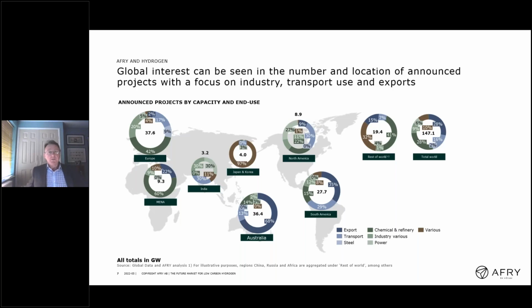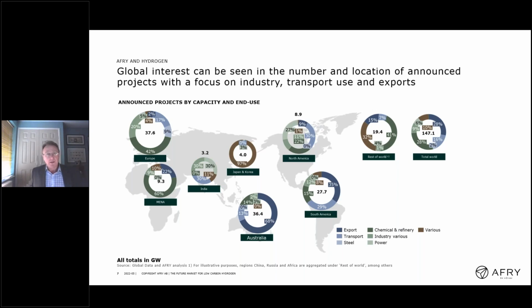So the reason why we've developed this model is in order to try and understand where hydrogen export and import markets will emerge. And what we show here is announced project capacities and end users at various stages of development of project. And what you can see from here is there's significant project capacity being developed.